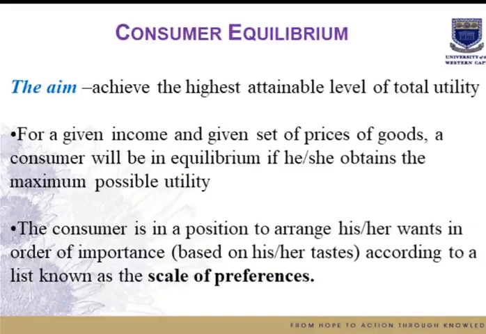In analyzing consumer choices, we assume that consumers attempt to maximize their satisfaction by consuming goods and services. That is, their aim is to achieve the highest attainable level of total utility. The adjective attainable is important as it reflects that what maximizes our satisfaction should be affordable.